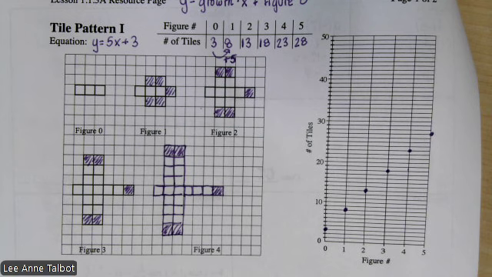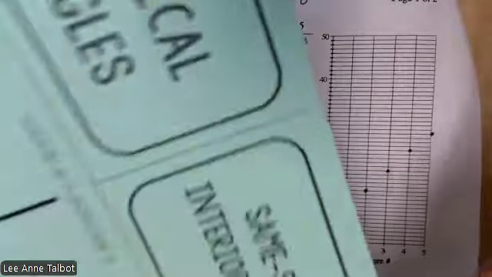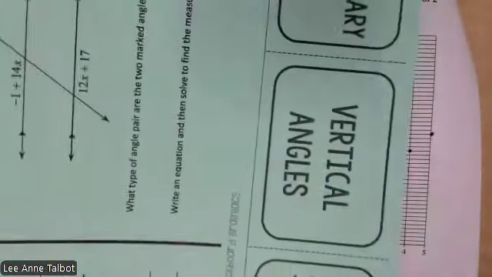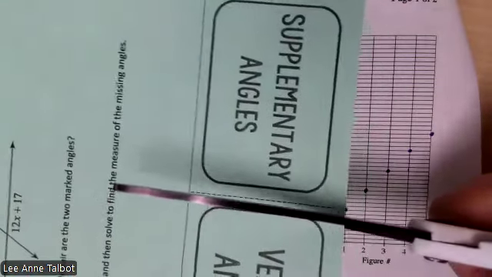Okay, if you guys are waiting, you can watch up here. I'm going to start cutting the flaps of my foldable. The flaps are these little dashed lines. So right here.